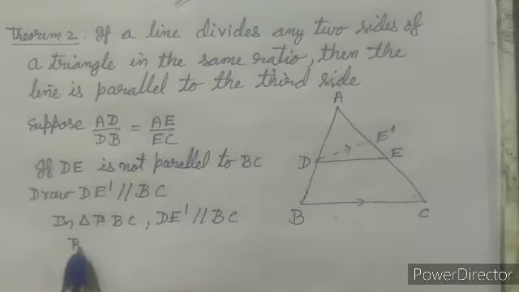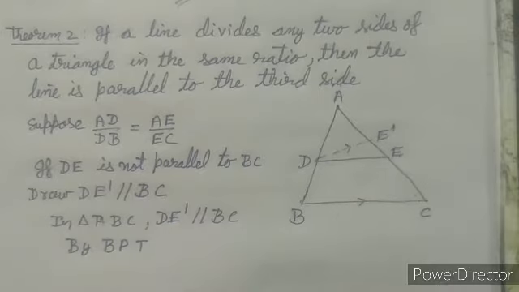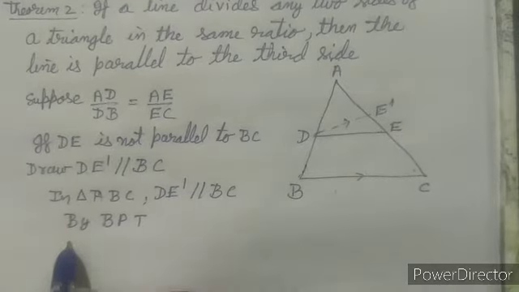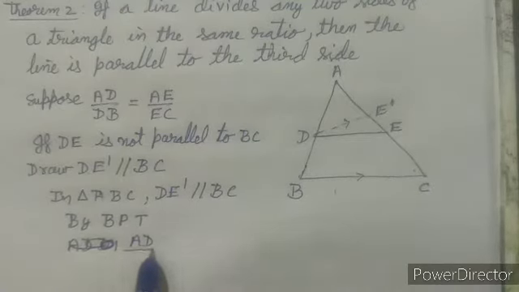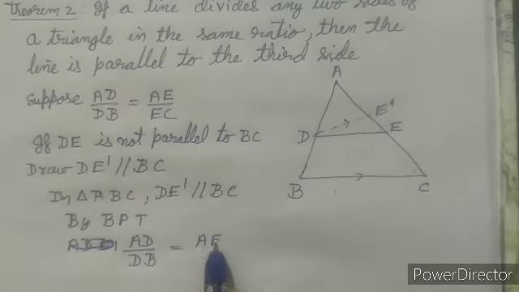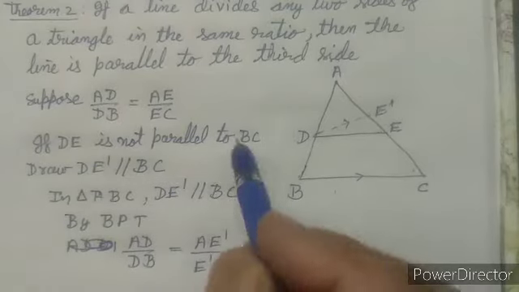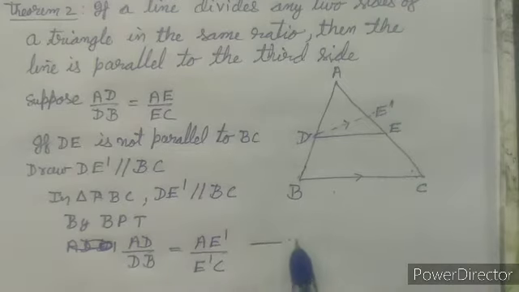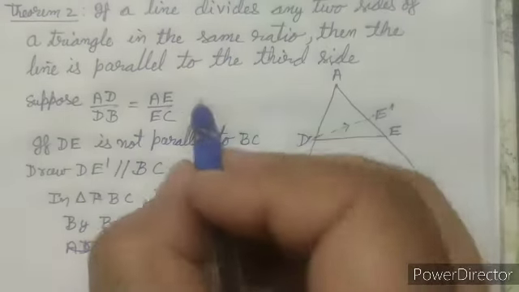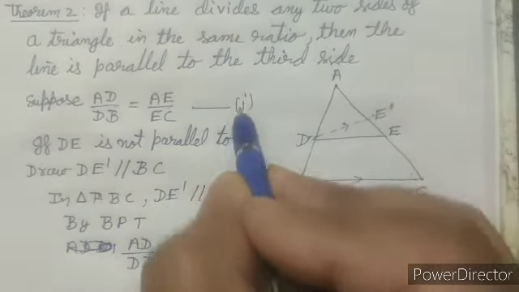So by basic proportionality theorem, which we have proved earlier, we can say that AD upon DB is equal to AE dash upon E dash C, as DE dash is parallel to BC, and this is our equation second, and this was the equation first.